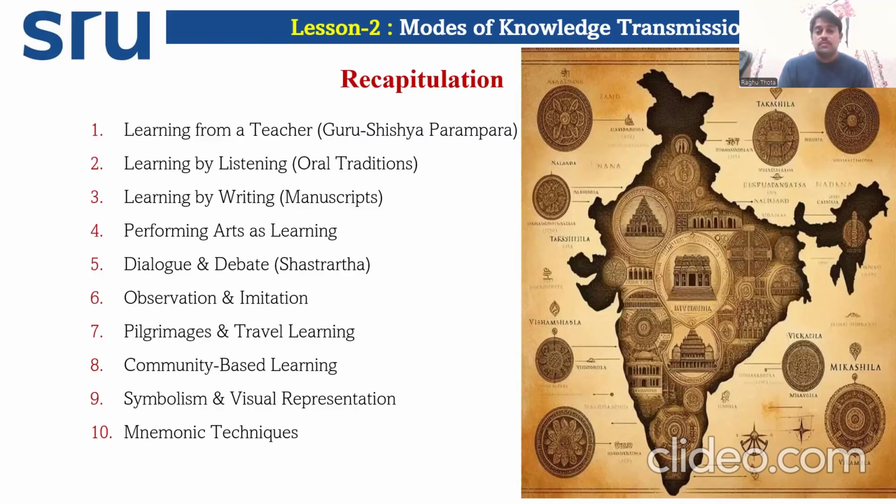Community-based learning is another mode of knowledge transmission. For example, in villages during that time, the elderly personalities and leaders, especially at special occasions or festivals, gathered groups of students and the public, and taught them what our culture is and how to do the rituals.